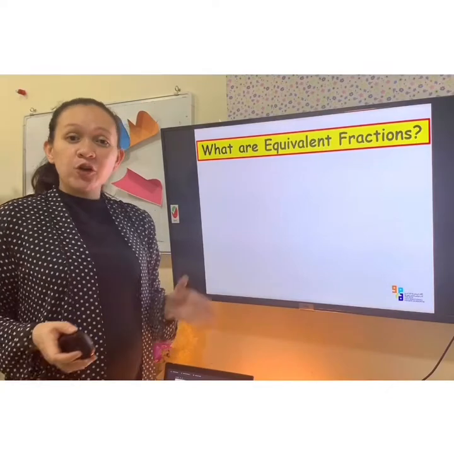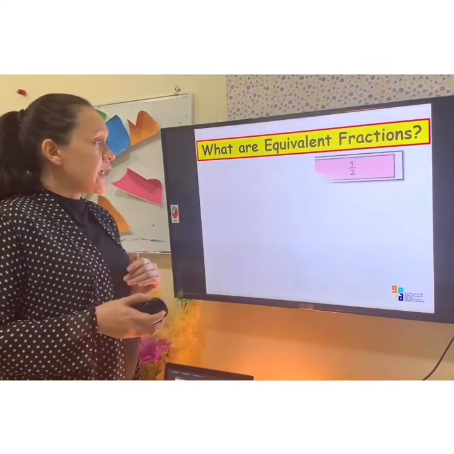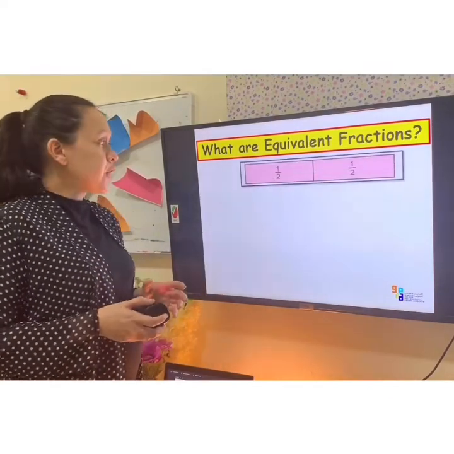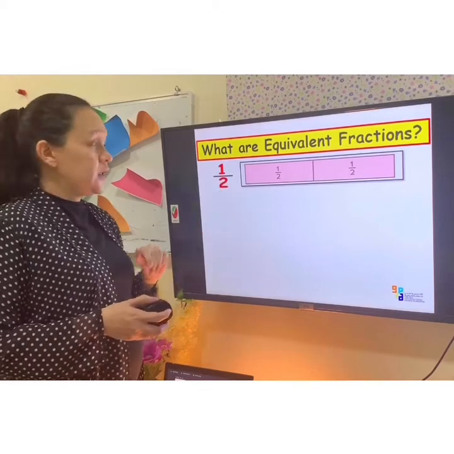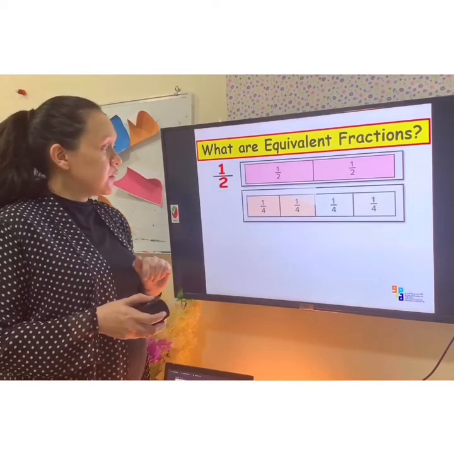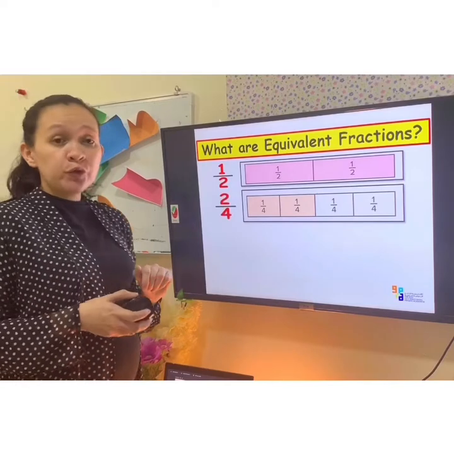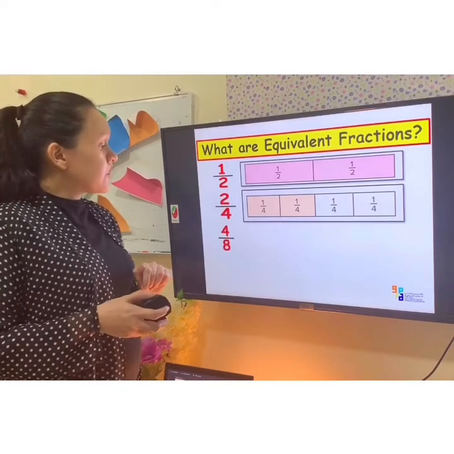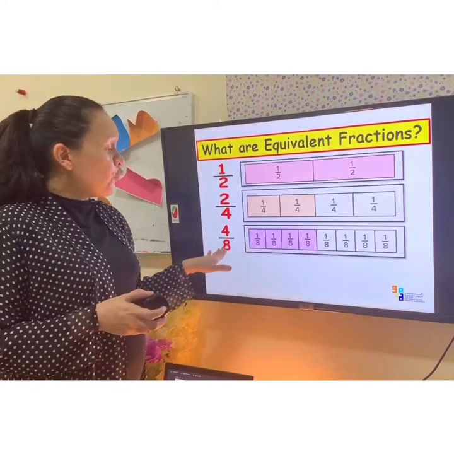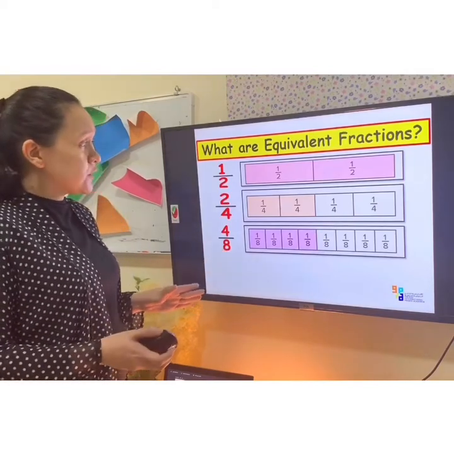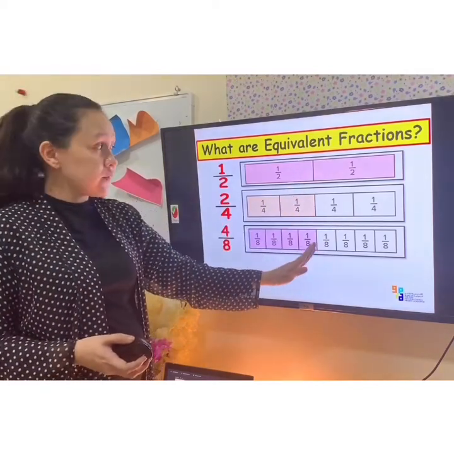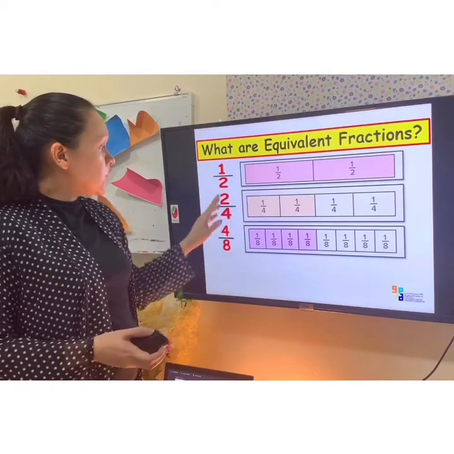Now let's move to our examples here. I have here a figure, and the fraction here is 1/2. How about here to the second figure? The fraction here is 2/4. And the third figure, 4/8. So if you have noticed, they have the same shaded part. 1/2 here, 2/4.